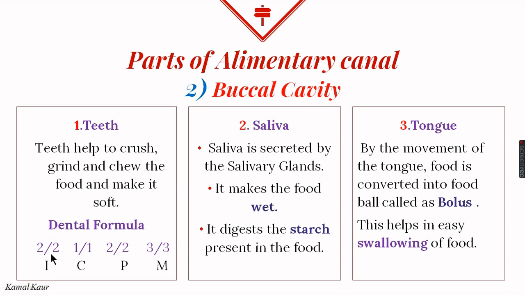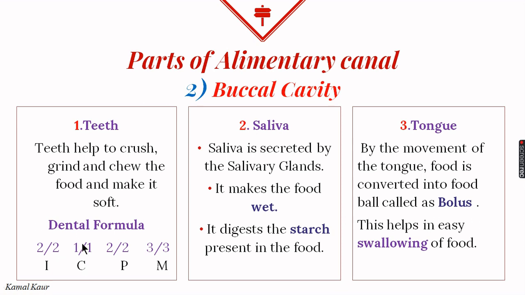Now there are 4 types of teeth inside the buccal cavity, which are incisors, canines, premolars and molars. And we know that the number of teeth in the upper and the lower jaw are same. Now this dental formula specifies the number of teeth in the upper and lower jaws. So we see that incisors are 2 pairs in the upper jaw and 2 pairs in the lower jaw.